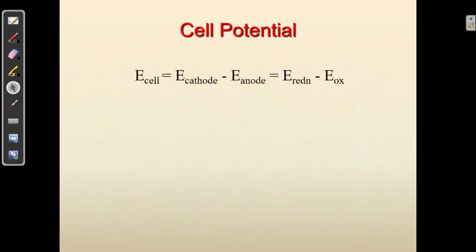So now this is E cell. What is E cell? It is the reduction potential at the cathode. Cathode is on the right hand side of your cell, the RHS value. Anode is on the left hand side.